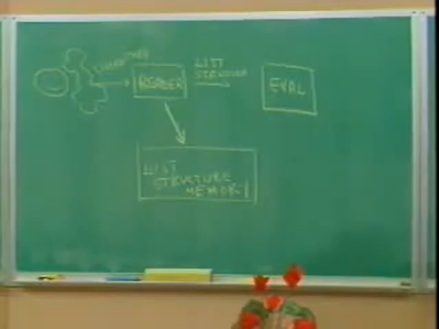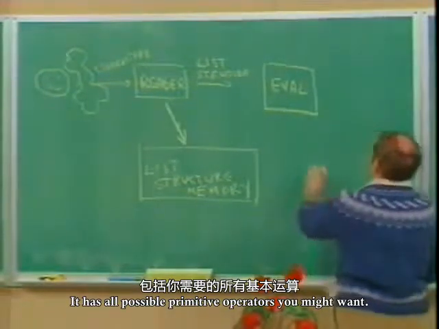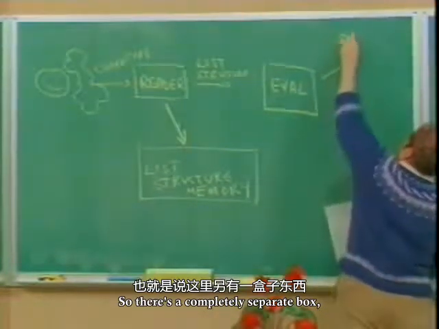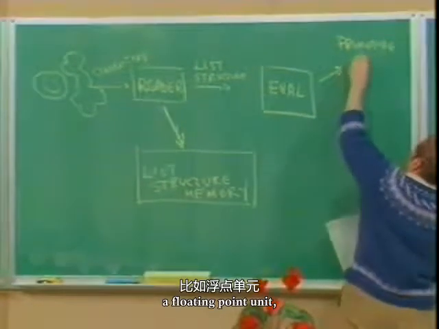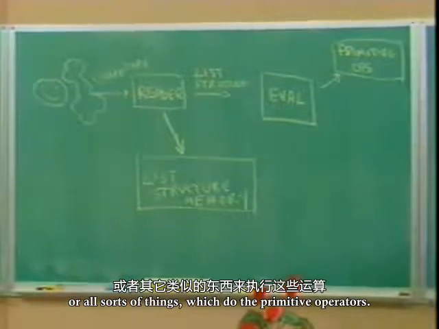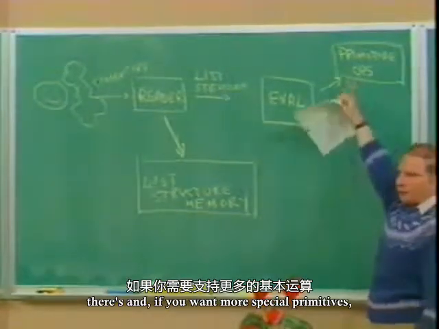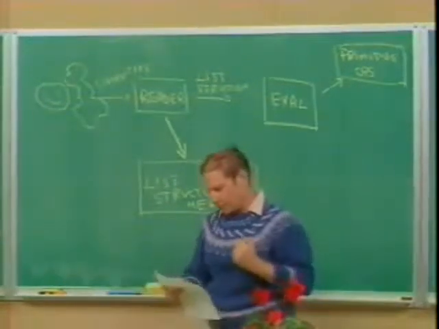Okay. The evaluator has a bunch of helpers. It has all possible primitive operators you might want. So there's a completely separate box. The floating point unit, or all sorts of things which do the primitive operators. And if you want more special primitives, you build more primitive operators, but they're separate from the evaluator.